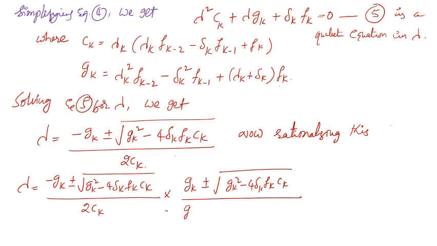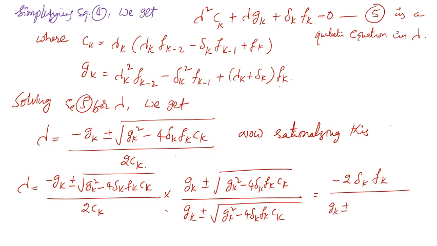This is the (a + b)(a - b) formula. After simplifying, I am getting minus 2 delta_k f_k over g_k ± sqrt(g_k^2 - 4 delta_k f_k c_k).